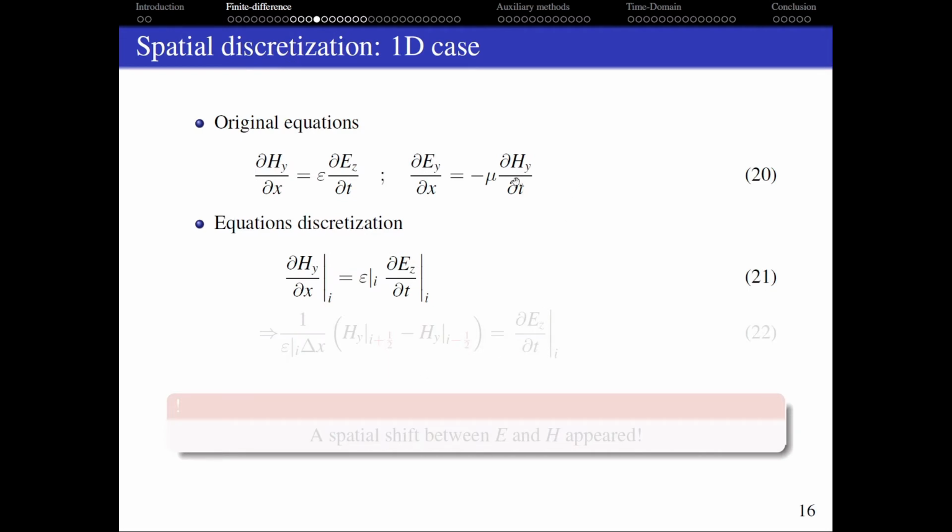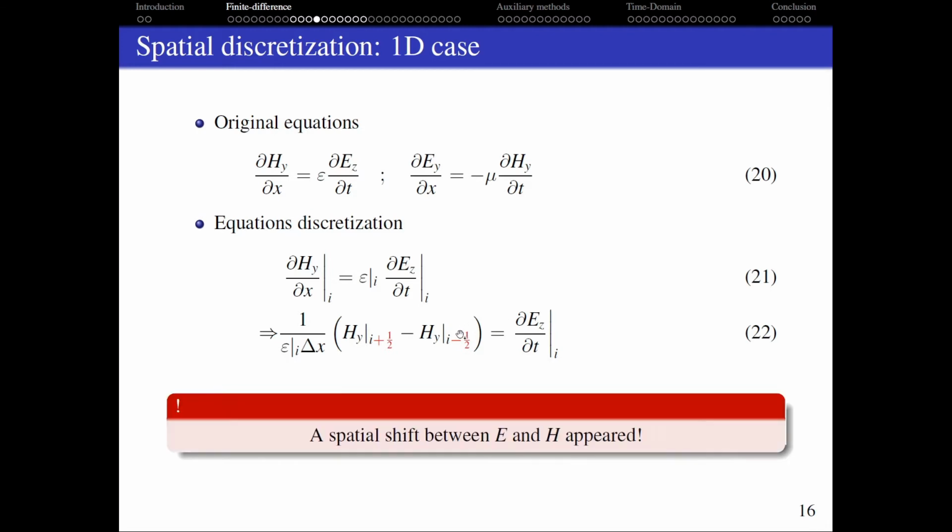So let's look at it in the 1D case. So in 1D we can, for instance, get only 2 equations that are going to relate to a few components only. And when we apply our approximations, so let's apply the finite difference at location i, we are going to get half steps for the H field over here, and that means that we have a spatial shift between both fields.